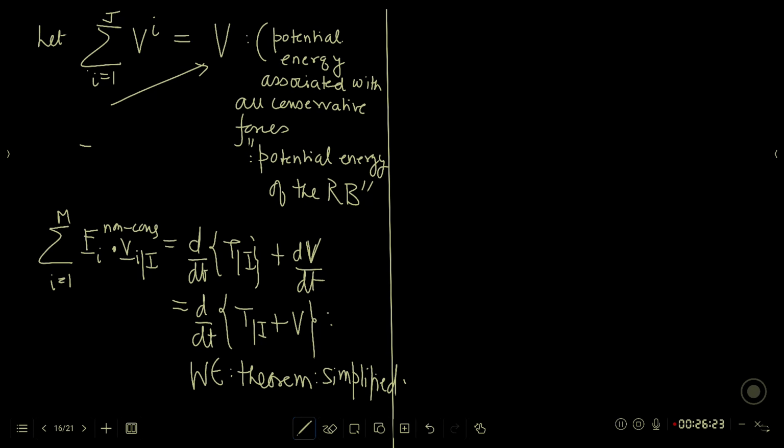No dot product with this. You know the potential function for the spring force, you know the potential function for the gravitational force. You just add it to the kinetic energy and then take the time derivative directly. Less number of dot products. You need to take dot products now only for non-conservative forces.